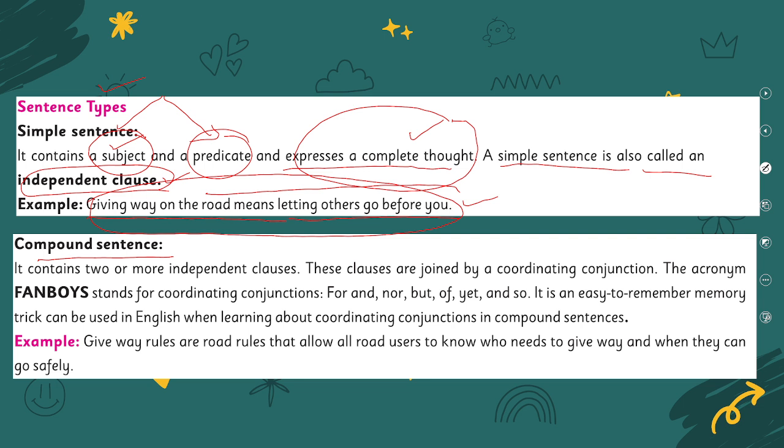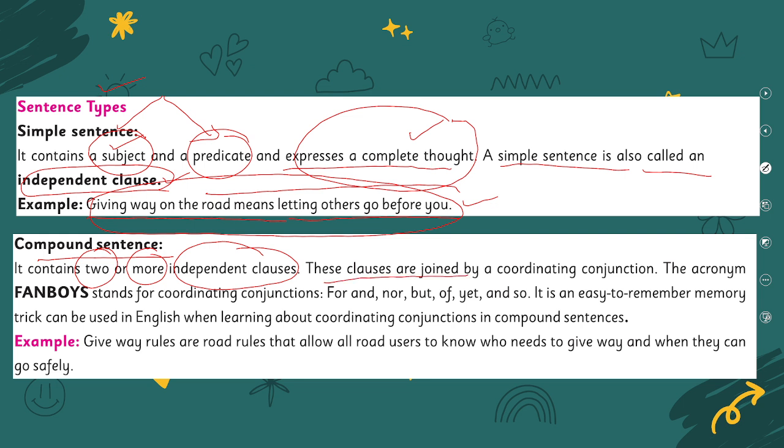But when we are talking about compound sentences, we need to combine two things together. This contains two or more independent clauses. Yes, we need two simple sentences. When we want to combine them, two or more than two, we use some words. These clauses are joined by what?